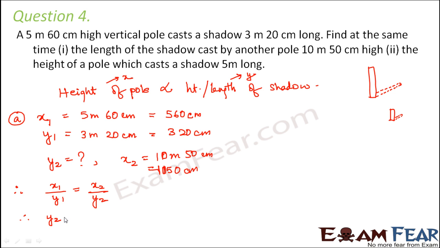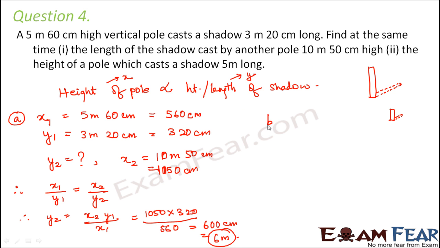Therefore y2 is equal to x2 into y1 divided by x1, that is 1050 into 320 divided by 560. So this is equal to 600 centimeters, which is equal to 6 meters. So 6 meters would be the length of this shadow.